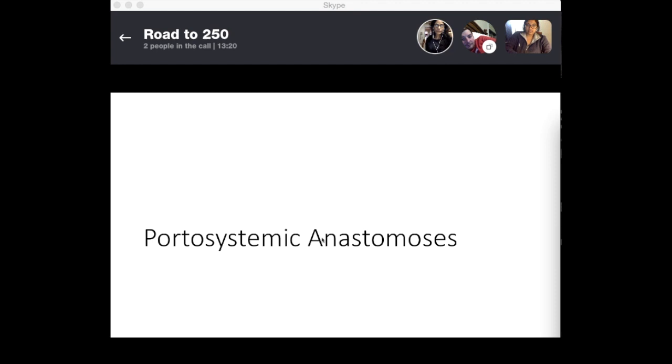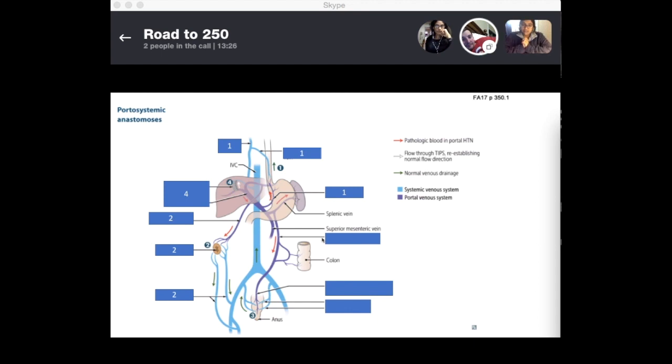Alrighty, so now we're going to talk about portosystemic anastomoses. More quizzes, yay! There are 3 sites of anastomoses that we care about in this diagram, as well as a 4th site that we have marked for a procedure that we'll talk about a little more later.